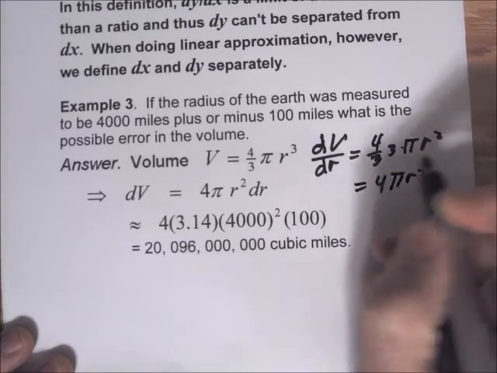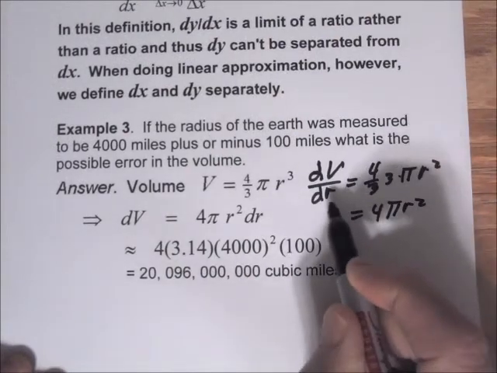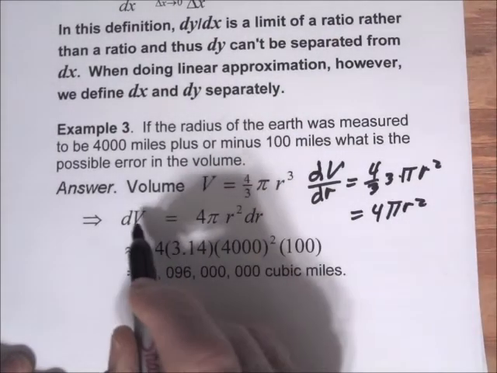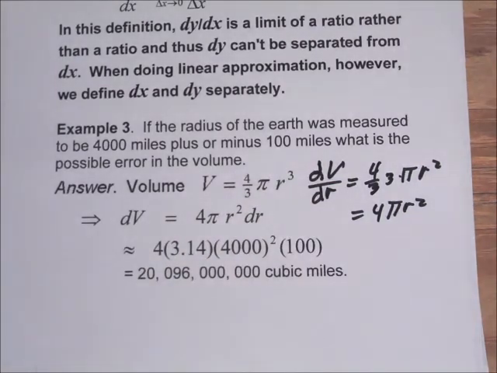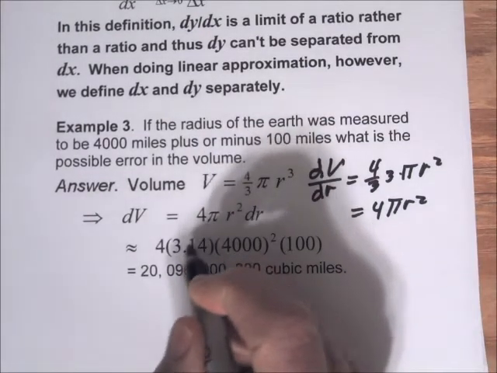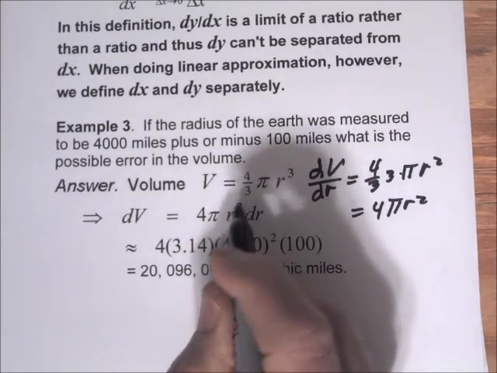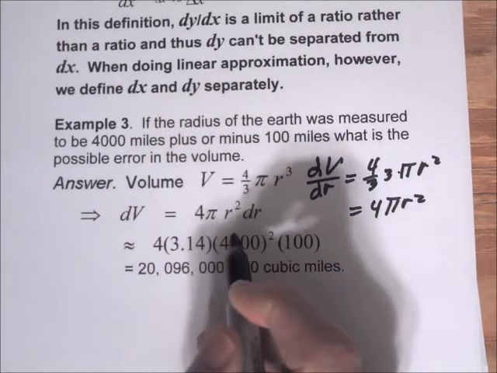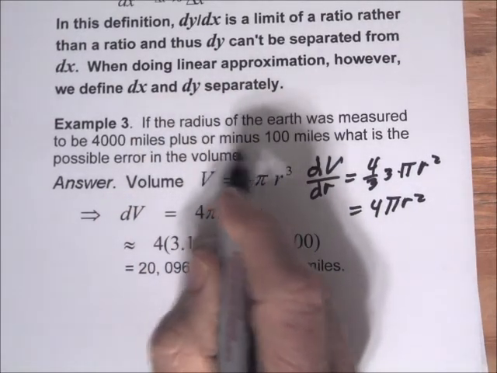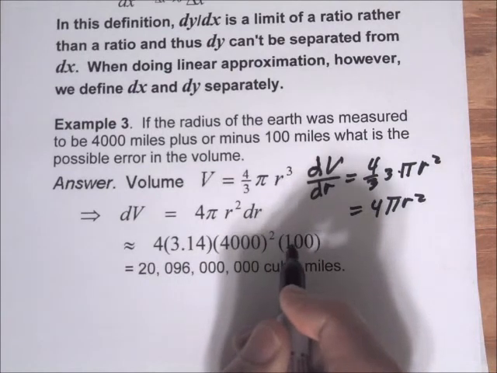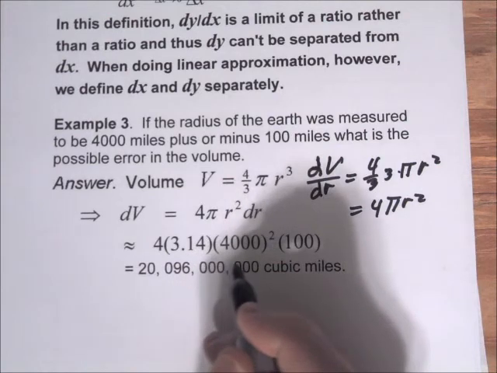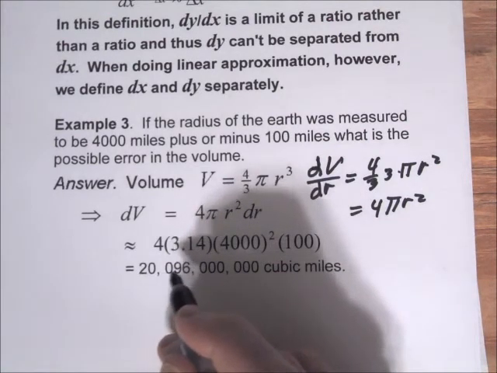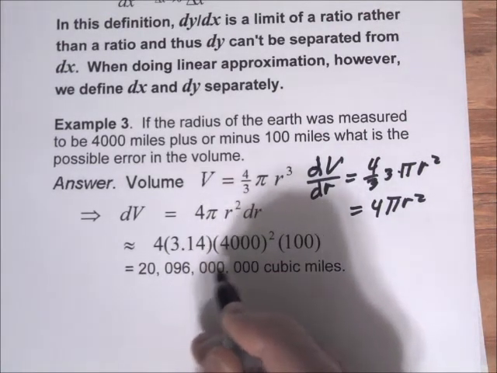If we separate the dV and the dr, multiplying both sides by dr, we get dV equals 4 pi r squared dr. Then we can estimate pi to be approximately 3.14. The radius of the Earth is 4,000 miles, and the differential is plus or minus 100, so that's the dr. If you multiply that out, it's a little over 20 billion cubic miles.